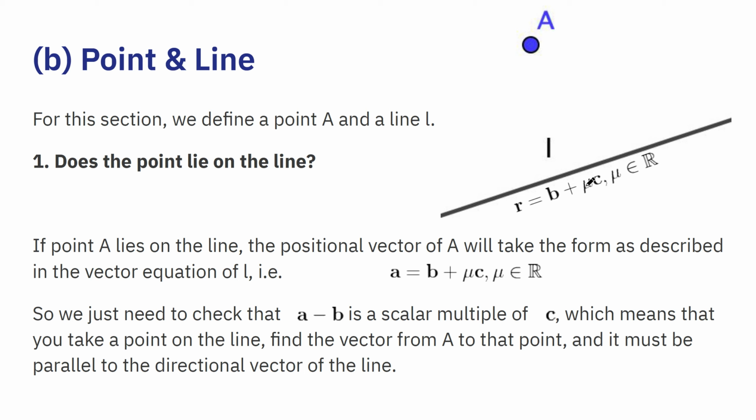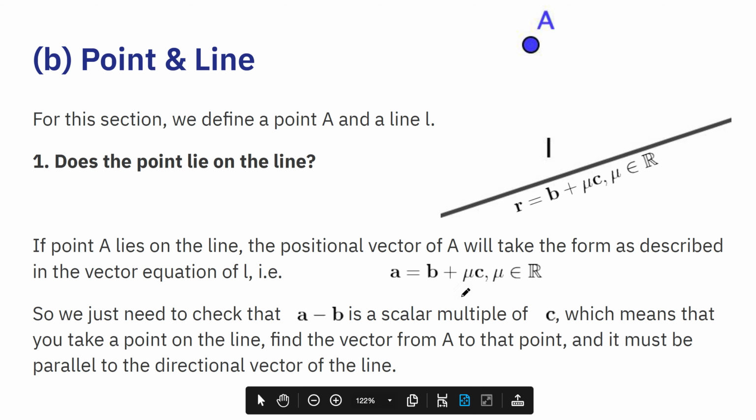If the point lies on the line, then the positional vector A would be able to fit into r over here. So we can write it as A equals b plus mu c. All we have to do is check whether this equation is satisfiable. In order to do that, we just need to bring b over, and we write a minus b, and we just check that it is a scalar multiple of c.